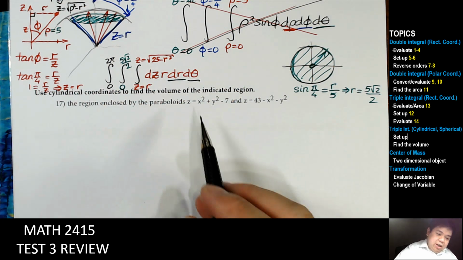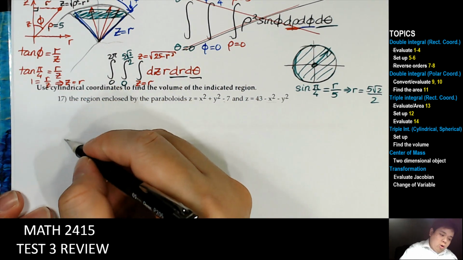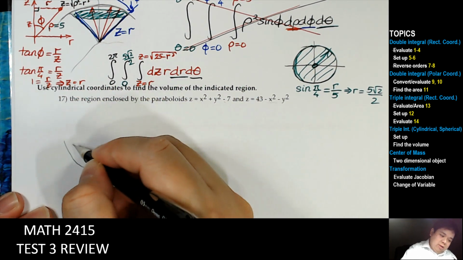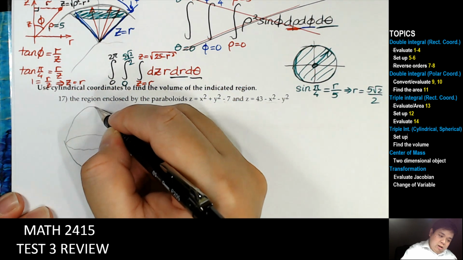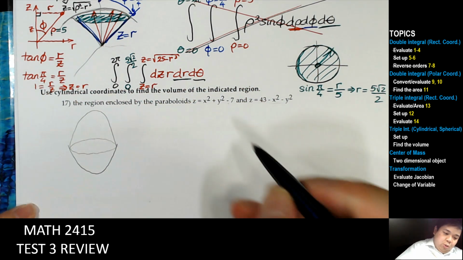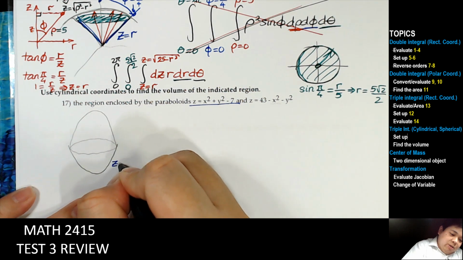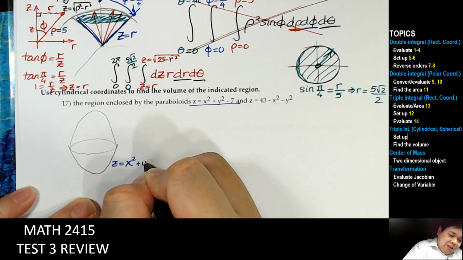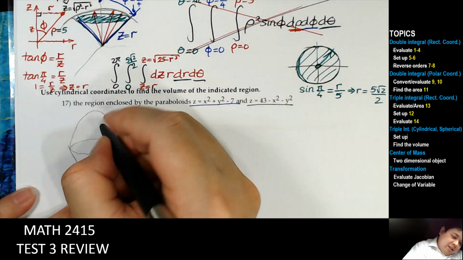So this one is a paraboloid opening up, and this one is a paraboloid opening down. So we have one open up and one open down, like that. So the one above, that one below though, and the one above.